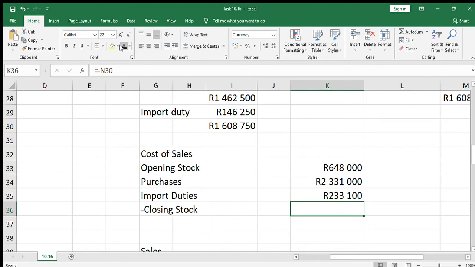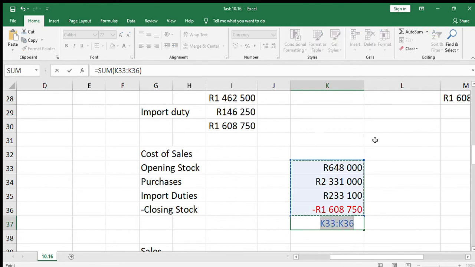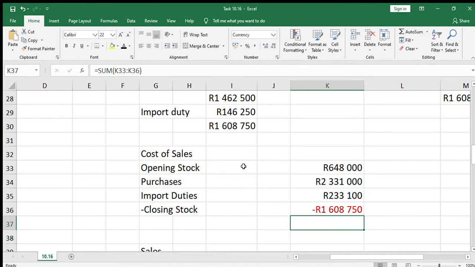And the closing stock we calculated above, 1,608,750. Okay, and that will give us our answer for cost of sales, 1,603,350.